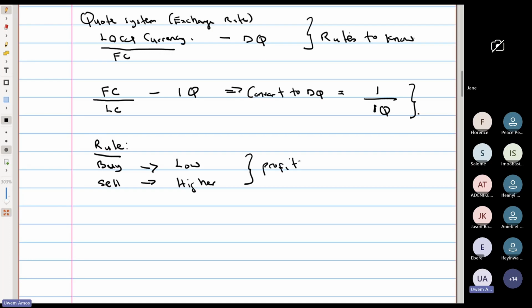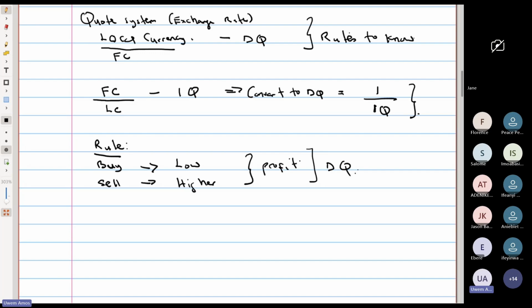The same thing applies in the exchange rate market. Maybe you buy cement at 12,000 and sell it at 12,500, so you make a profit of 500. That's what you typically do as a businessman. It's the same thing with an FX market. An FX market retailer would buy low and then sell high.